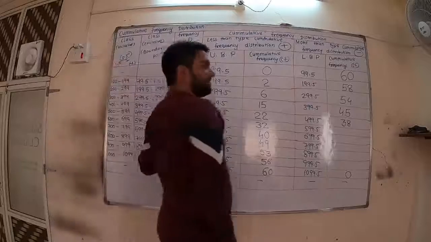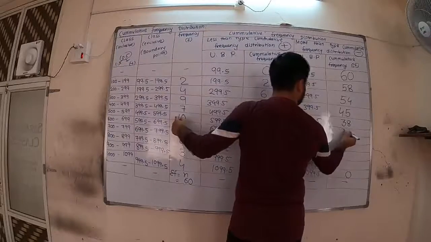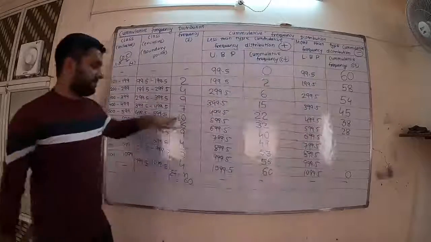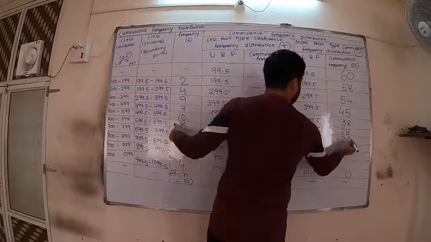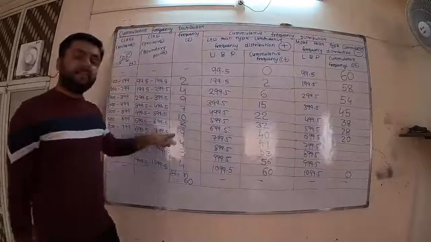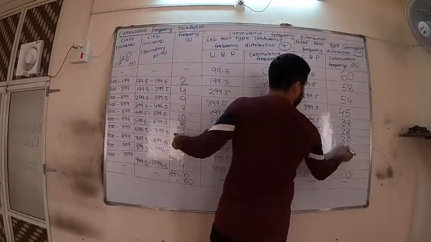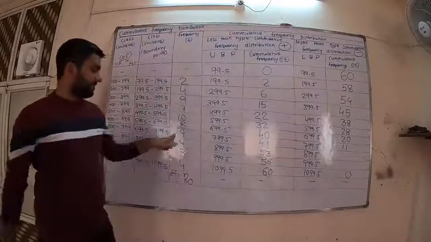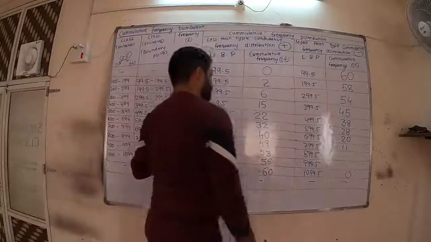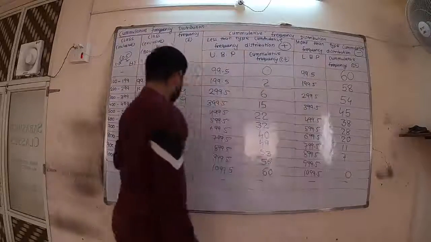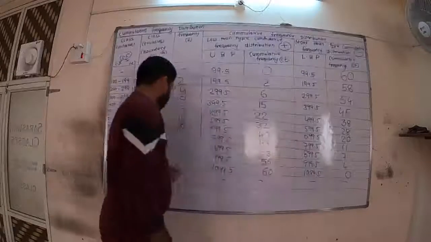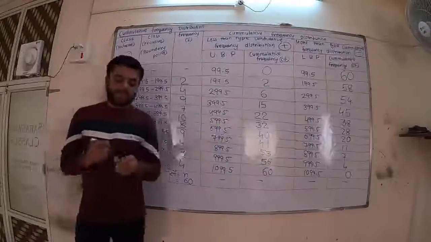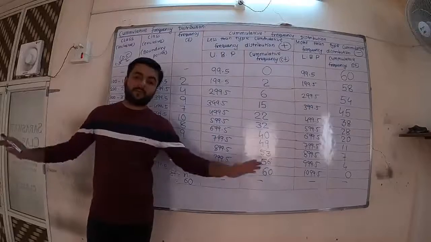Then 38 minus 10 is 28. 28 minus 8 is 20. 20 minus 9 is 11. 11 minus 4 is 7. 7 minus 3 is 4. 4 minus 4, it comes exactly 0.